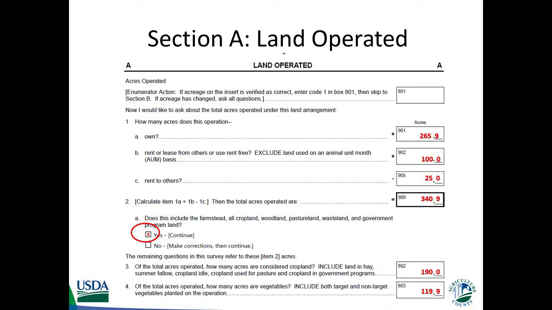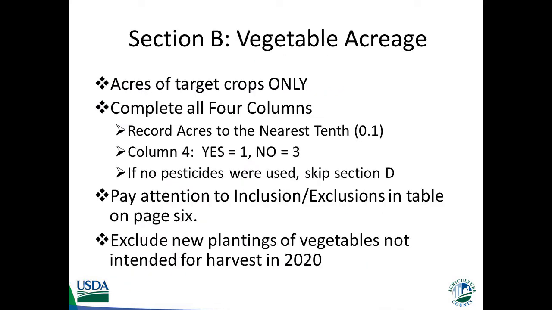Cropland should include all tillable cropland, including land planted to field crops, fruits, vegetables, hay, floriculture, nursery crops, fields and summer fallow, idle cropland, cropland in a crop pasture rotation, and cropland in government programs. In question 4, be sure to include all vegetable crops, including any non-target vegetable crops.